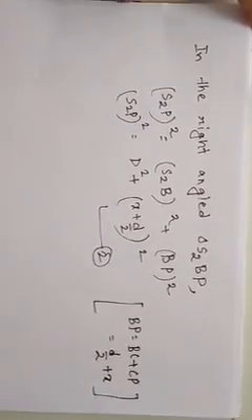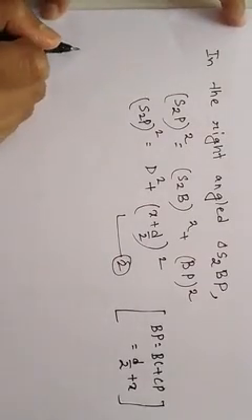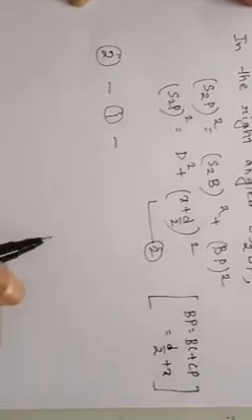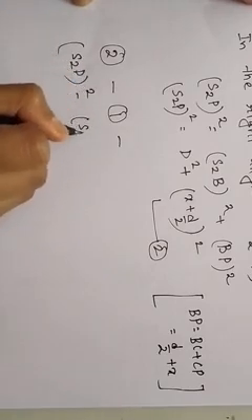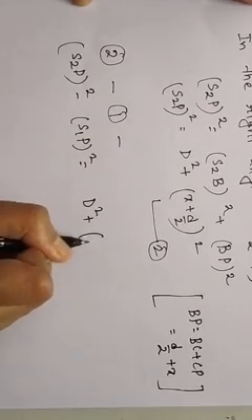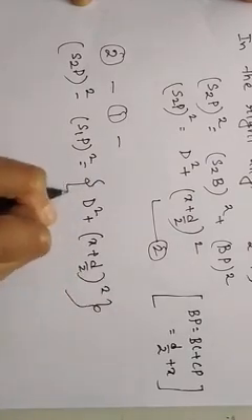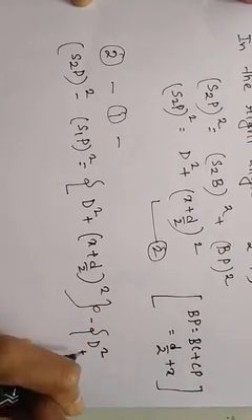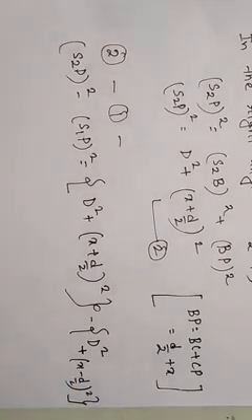So suppose this is equation 2. Now if we do equation 2 minus equation 1, what will we get? We'll have S2P square minus S1P square equal to D square plus x plus d by 2 whole square, minus D square plus x minus d by 2 whole square.